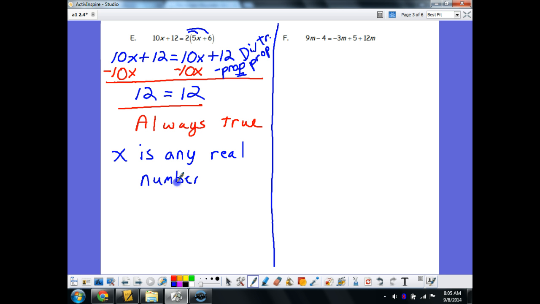So in this case, x is any real number. And I'm not really writing that slow, the pen is just acting slow.